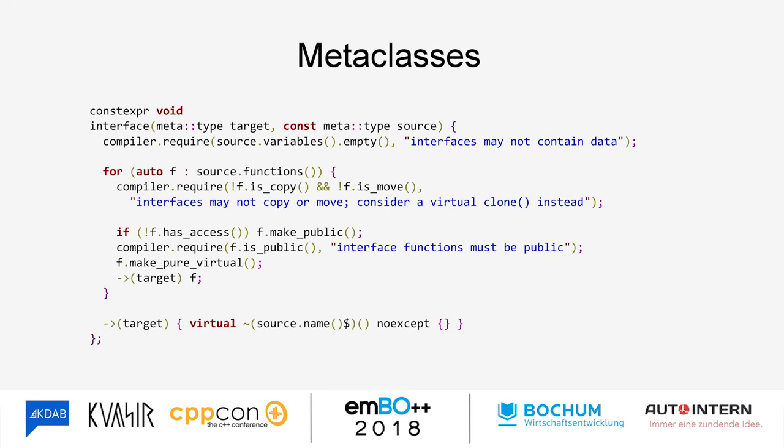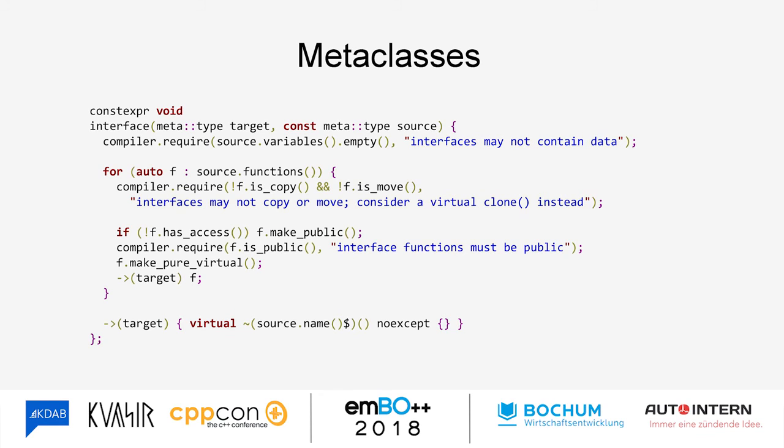This is relying on some static reflection features, which aren't quite in C++ yet, but there's a lot of work moving towards them. We can actually then loop through all of the functions which are defined or declared in this type. We can say, oh, you shouldn't have copy constructors, you shouldn't have move constructors. We're going to make everything public by default. We're going to make everything pure virtual.